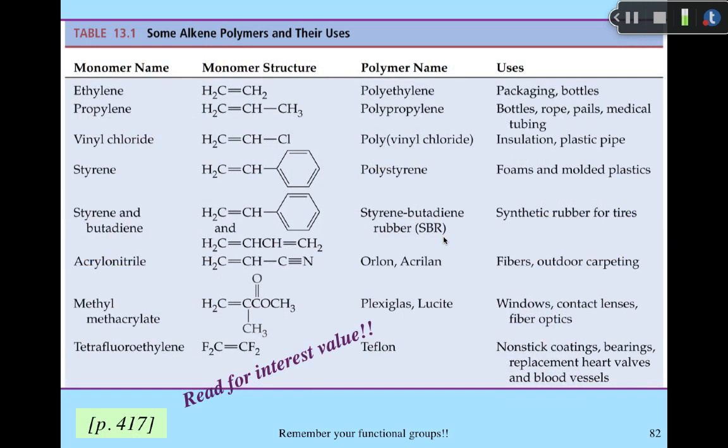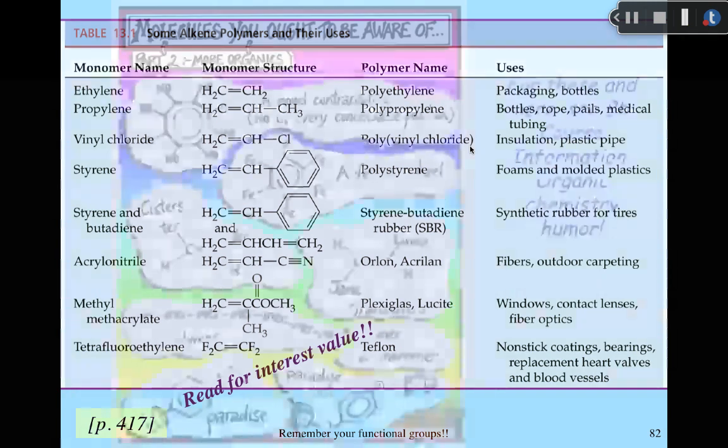There's a whole chart of these in your textbook, of which you need to remember none. You do not have to know them. Just interesting to note that this is where things like Teflon and Lucite, maybe you've heard of it, Orlon, Acrylan, a lot of our sweaters have those things. So all of these things are alkene polymer derivatives, alkene polymer compounds.